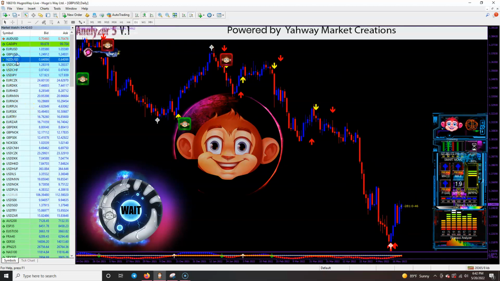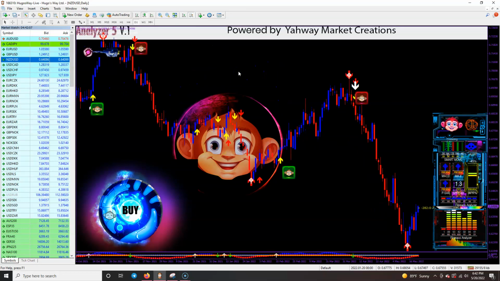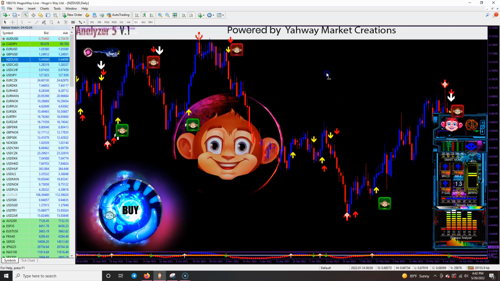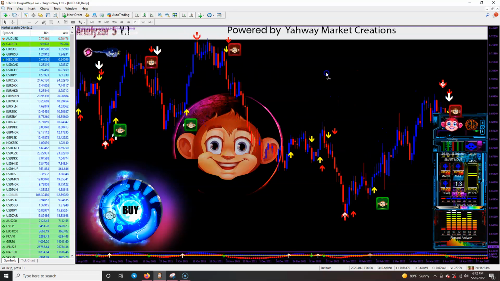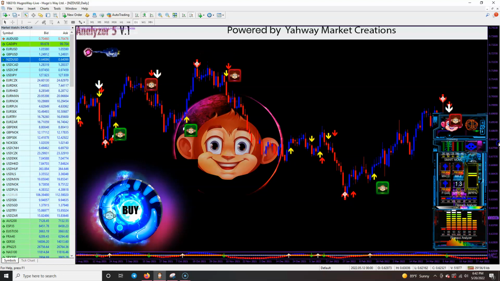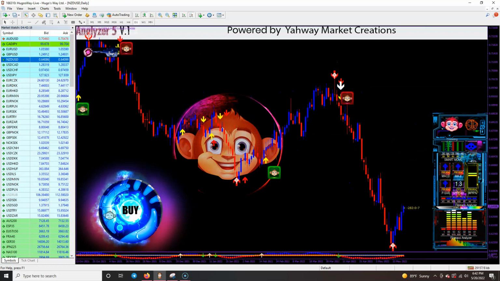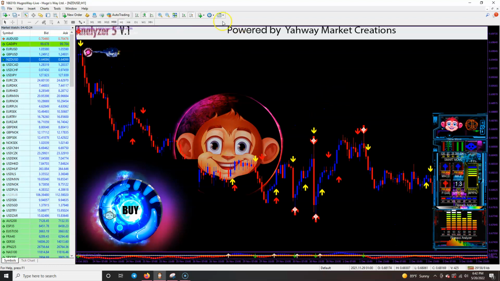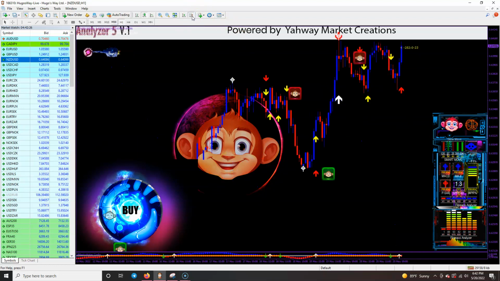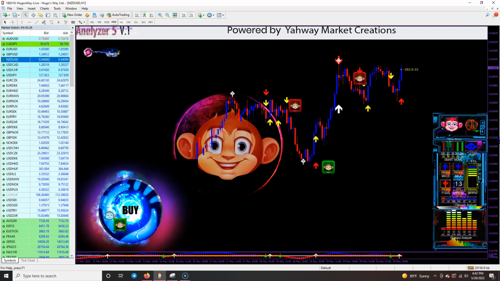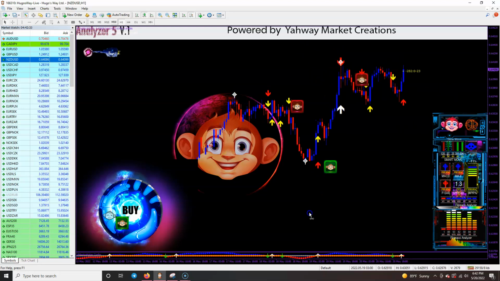Let's go to NZDUSD. Okay, the daily looks like it's going up. So look on the 1 hour and see what's going on. It's going down here. So again, that is not a good trade.